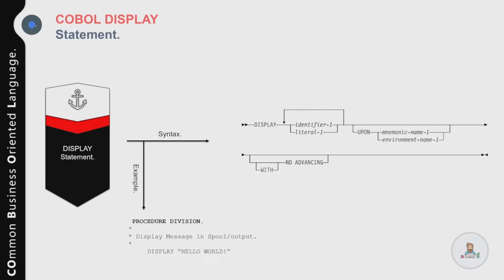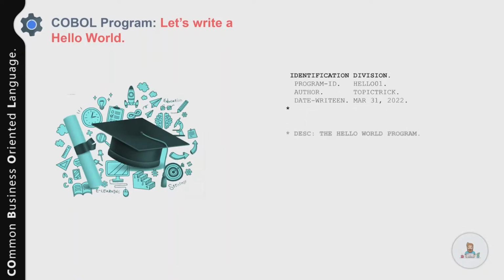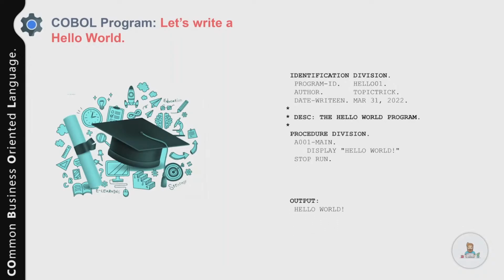So far we have discussed the basic concepts of COBOL programming. Now it's time for us to write our first COBOL program to print hello world in spool. So let's get started. So here's our sample COBOL program, and it is one of the simplest programs I've ever seen in my life, right? You have two different divisions in it. The first one is the identification division, which is used to specify the documentation information and the program name.